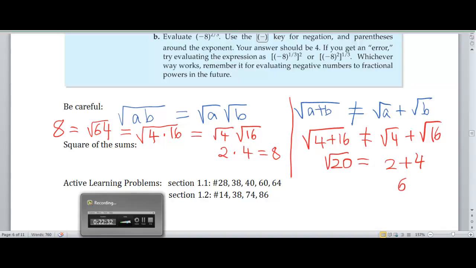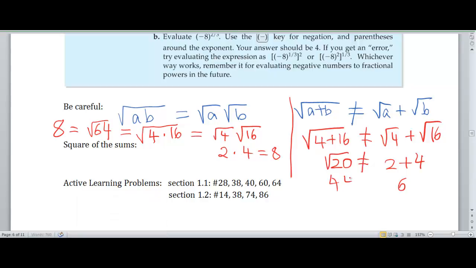So let me just plug it into my calculator. It's 4.47, roughly. So it's not 6.